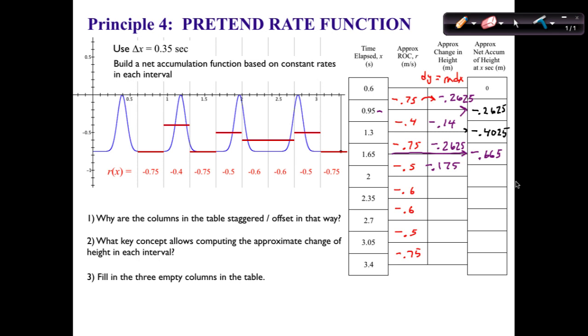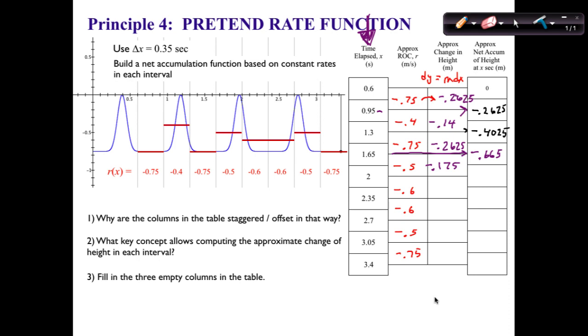Where in this table is the net accumulation function? Net accumulation means you've got independent variable and dependent variable. So in which column is my independent variable of that function? 1, 2, 3, or 4? 1, x. And where's the dependent variable of the net accumulation function? 2, 3, or 4? 4.